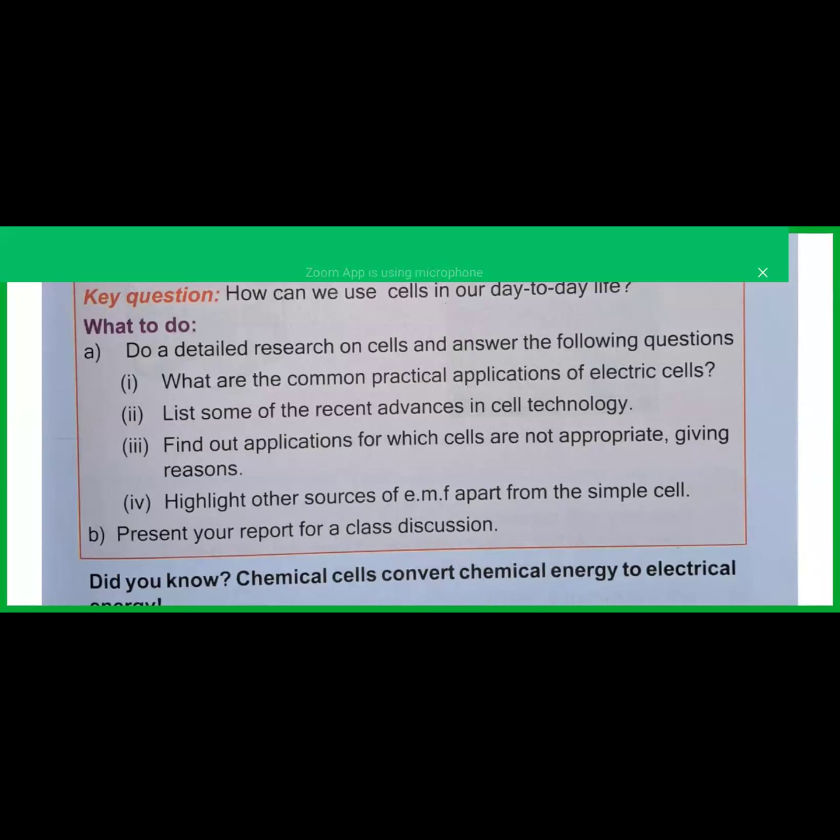Is it okay? Are we there? Okay. Highlight other sources of EMF apart from the simple cell.